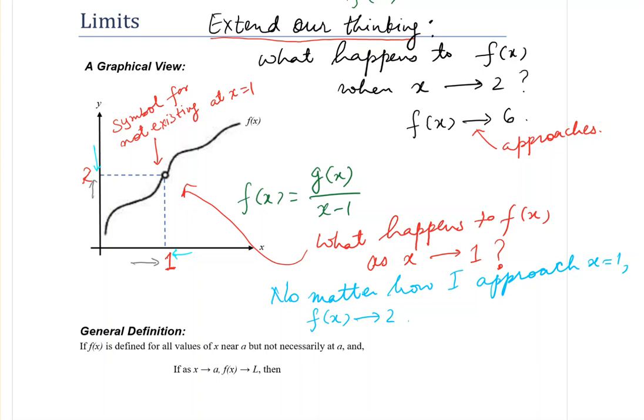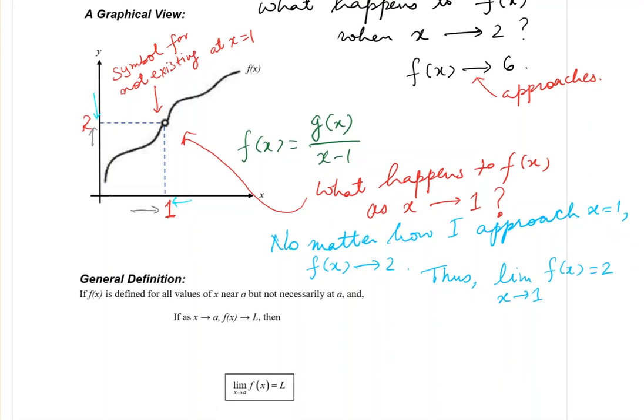Thus, in mathematical form, we say the limit as x approaches 1 of the function is equal to 2. Notice that even though the function is not defined at x equals 1, or even though f(1) does not exist, we still have the limit value of the function.